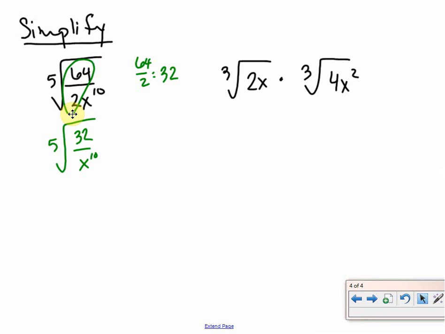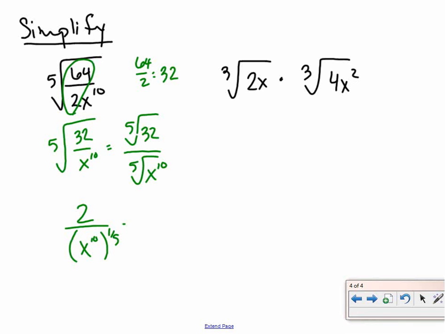Now remember, whenever you have a fraction inside of a radical, you can apply the radical to the numerator and the denominator separately. The 5th root of 32 is 2. And then I would have x to the 10th to the 1/5, which would be x squared. So the answer is 2 over x squared.